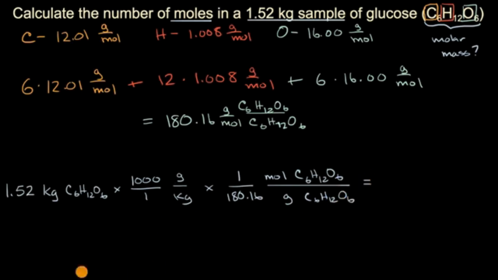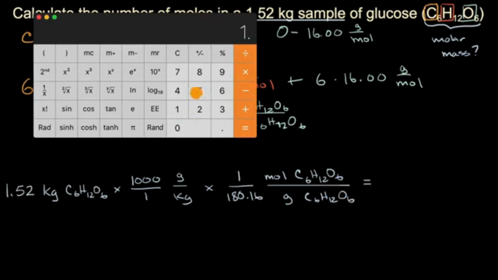And this is going to get us, we get 1.52 times 1,000 is equal to, this is the number of grams of glucose we have, and then we're going to divide by 180.16. Divide by 180.16 gives us this number.